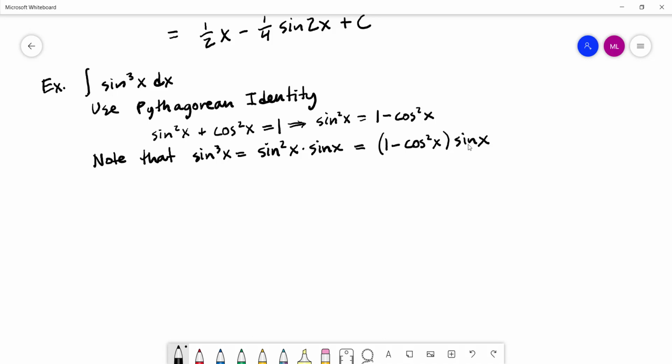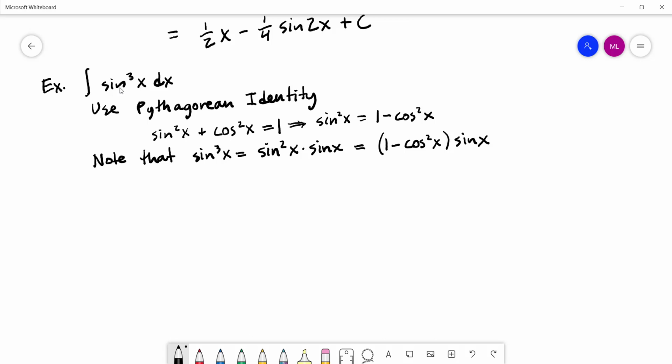And I've got a cosine and a sine, and I know they're related as derivatives, so I'm going to be able to do a U substitution on this piece to simplify things. So let's see exactly how that pans out. But again, that's our clue. By splitting this up into pieces that involve sine and pieces that involve cosine, once I've got both, then I have a function and its derivative, and I can exploit that to do a U substitution.